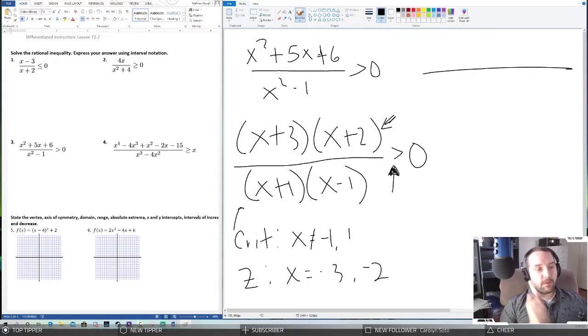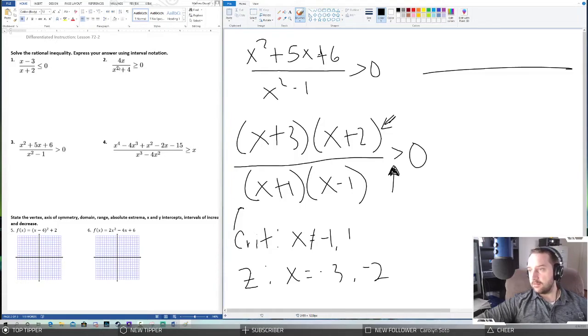All right, so number 4 is kind of important. The reason why is that if you notice on numbers 1, 2, and 3, the biggest thing in common is the fact that they're all compared to 0. It's one thing compared to 0.